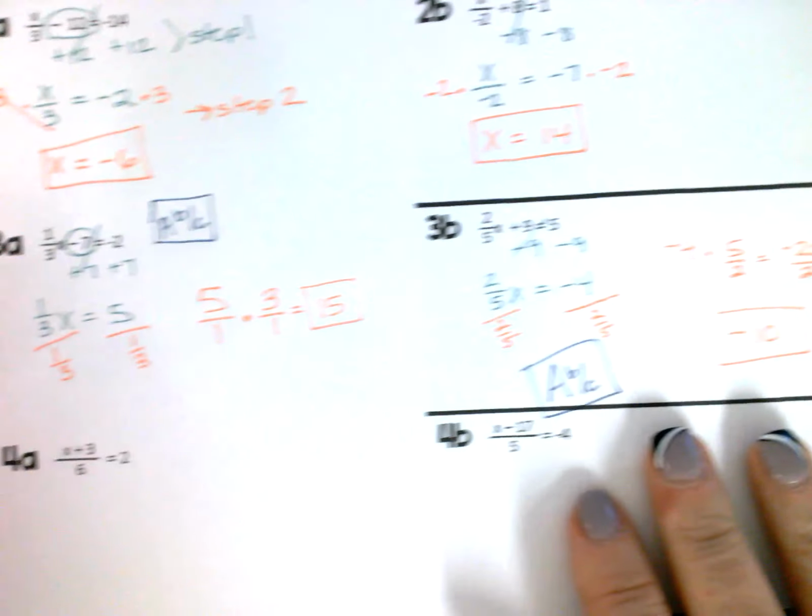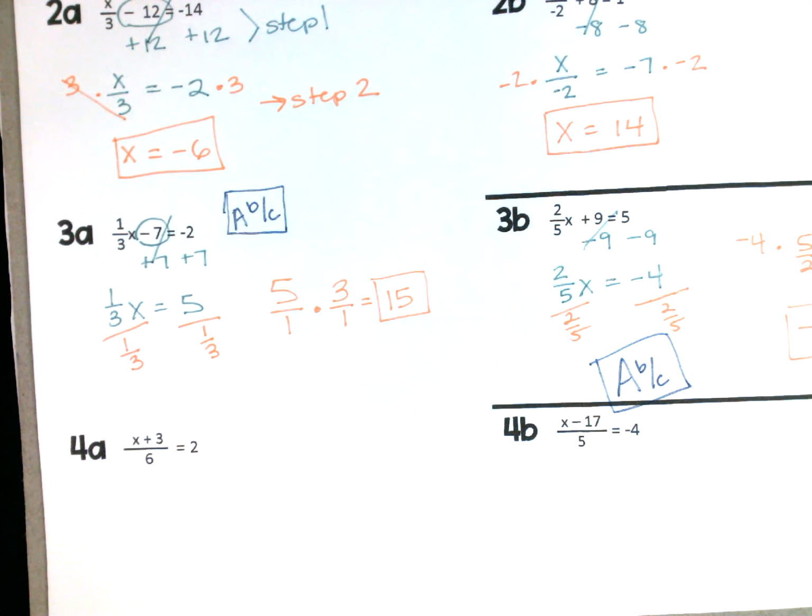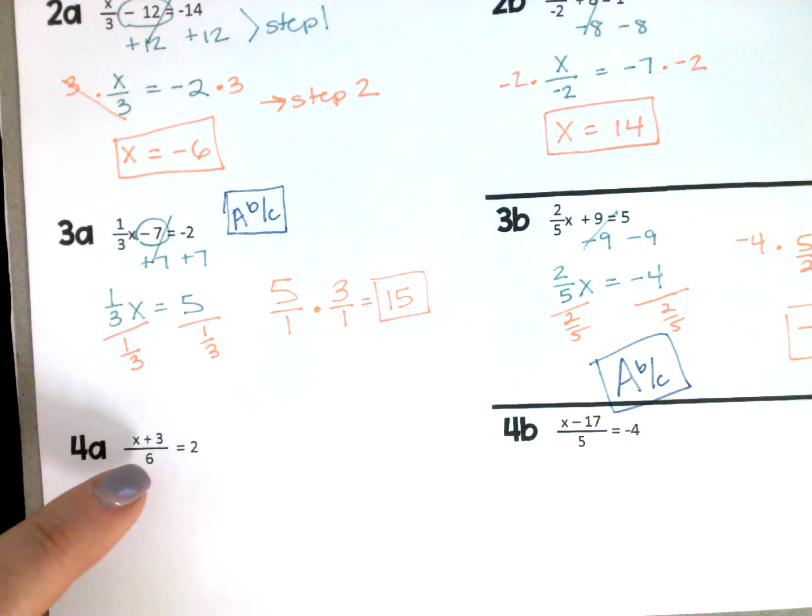Now, the next ones look very complex, but they're very, very straightforward. There's a couple ways to just think about this math problem. Put your pencils down a minute. What it says is something divided by 6 equals 2.